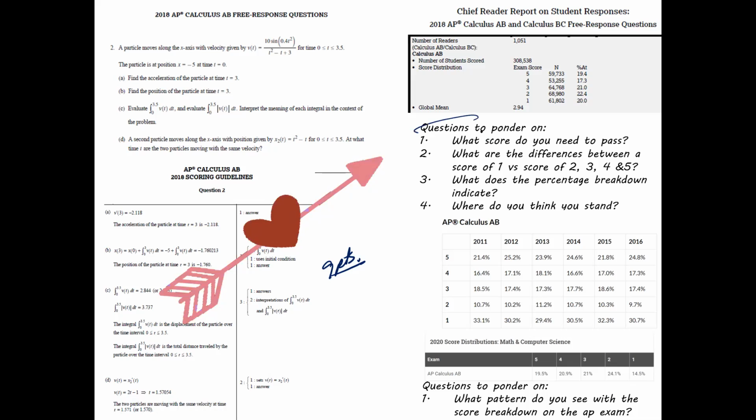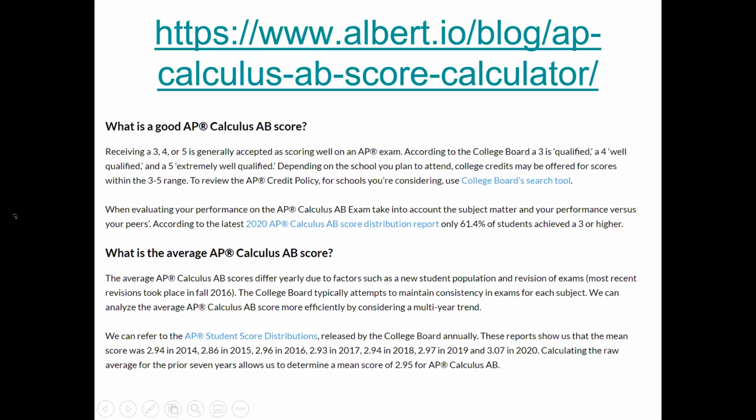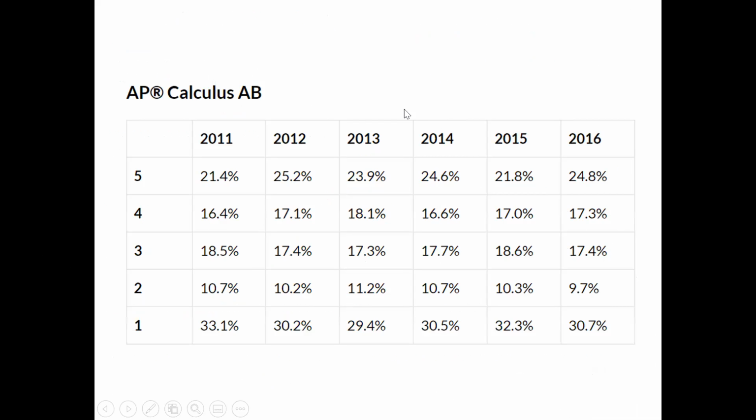I have a few questions I would like you to fill out on these. And then when you are done, I want you to go onto this link and read this article on how the AP test is graded and how they curve the AP test.